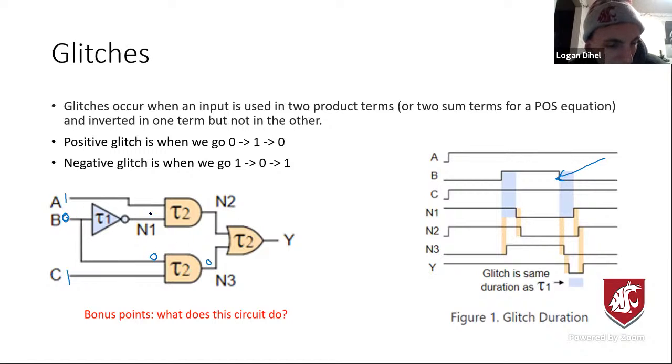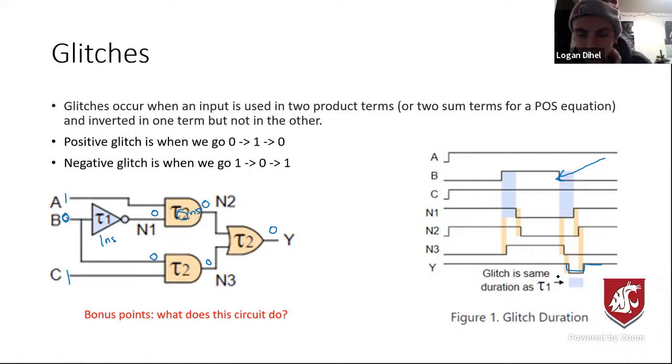But this one was a 0 before. It's going to still be a 0 for tau 1 seconds. So maybe this is 1 nanosecond. And you can just imagine these are all 0 nanoseconds if you want, tau 2. It doesn't matter what they are as long as they're different than T1. I think they have to be shorter than T1, or it might not matter. But for this one moment, we're going to have a 0 there. So a 0 there, and then 0 or 0 is 0. So that's what causes what's called the negative glitch.